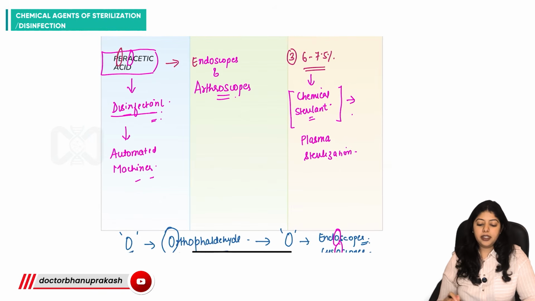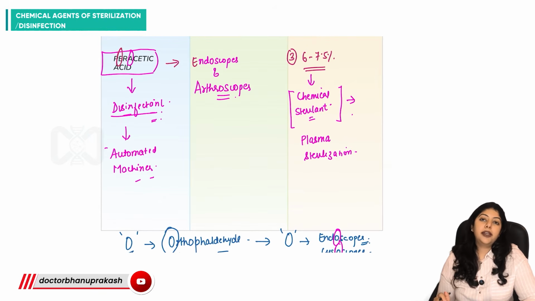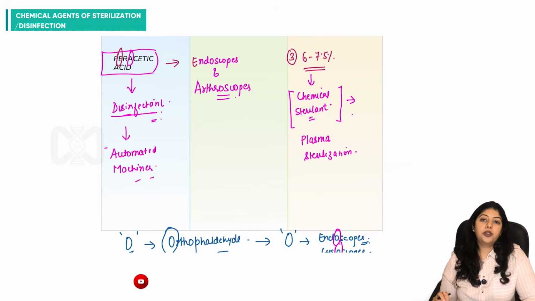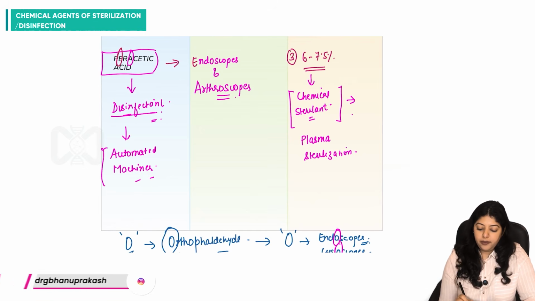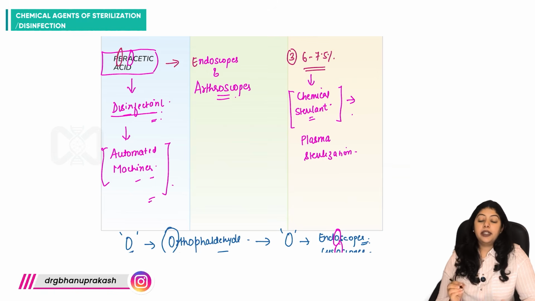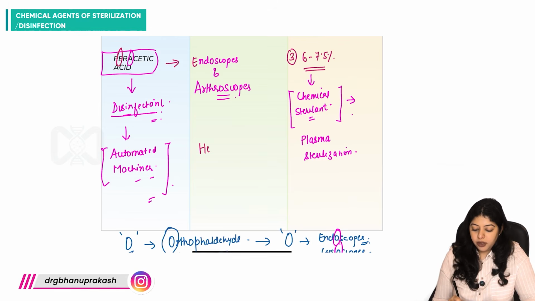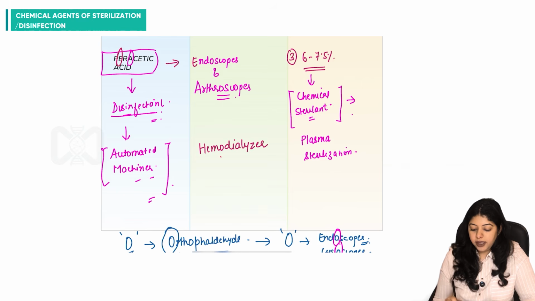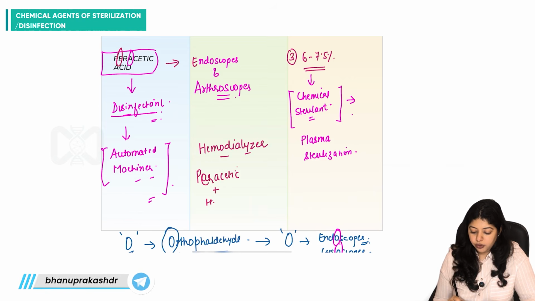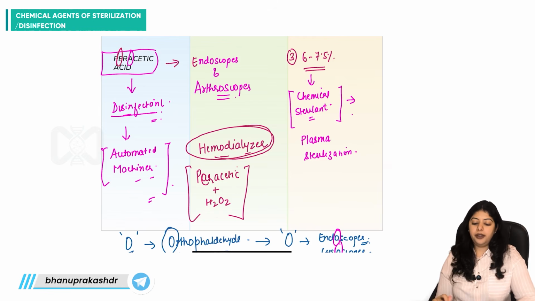So peracetic acid is majorly used as sterilant or disinfectant in automated machines, and it can also be used for hemodialyzers when peracetic acid combines with H2O2, right?